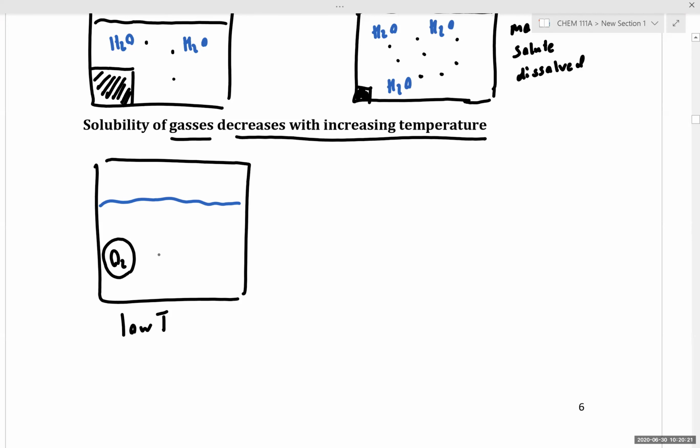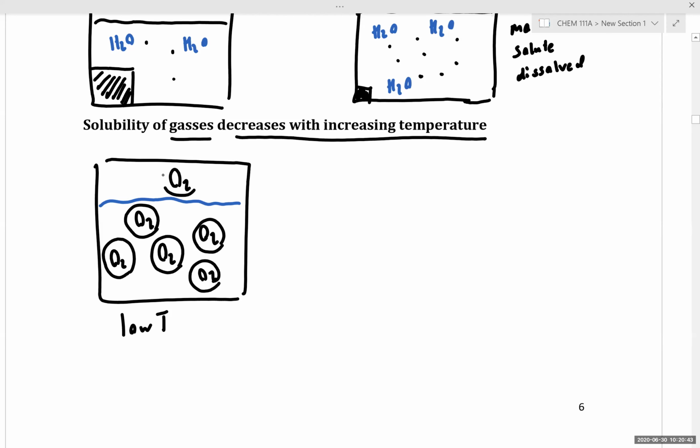That's quite a relevant example if you happen to be a fish, or if you're ever curious why, on a particularly warm day, you may sometimes see the fish start to jump out of the pond. There's a reason for that, and it has to do with the amount of oxygen dissolved.